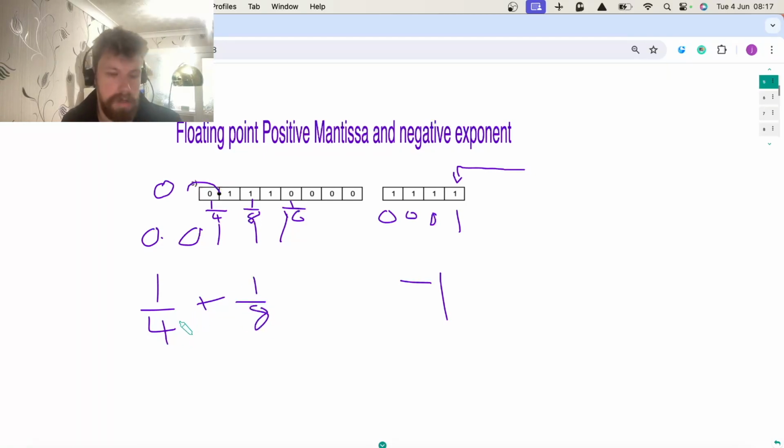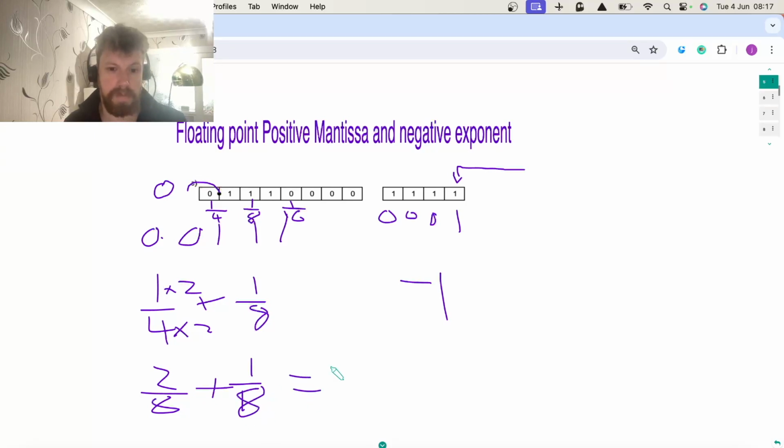what we're going to do is times this by 2, because to add fractions together, the denominators both have to be the same. So then that gives me 2 over 8 plus 1 over 8, which is going to give me 3 over 8. Okay, and then the final thing that we've got to do is times that by 2, which gives us the 16 on the end there, so that's going to give us 6 over 16.